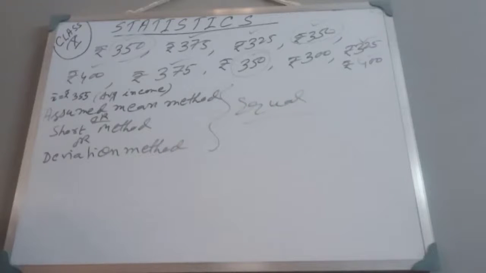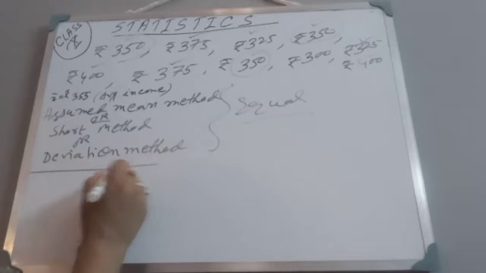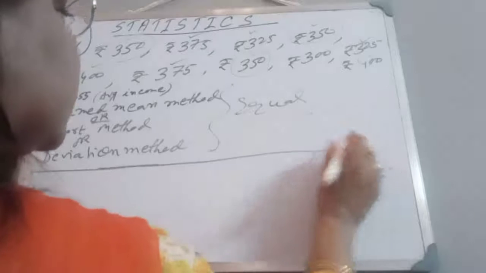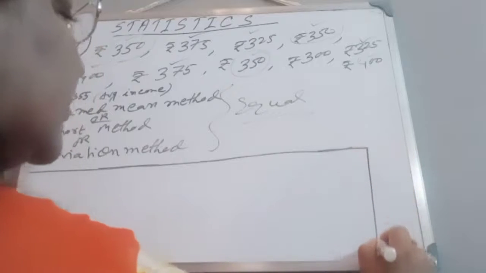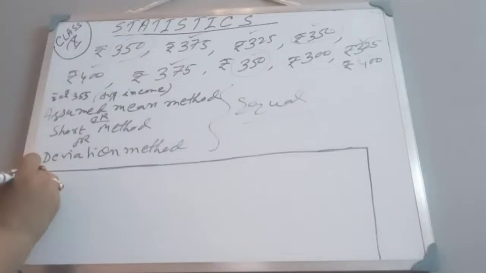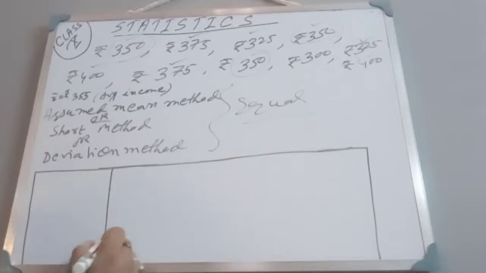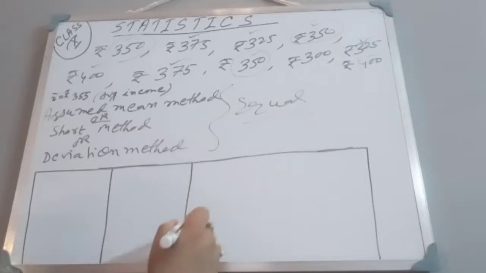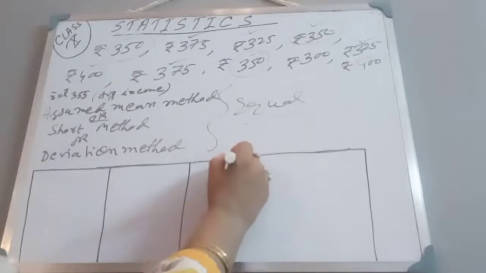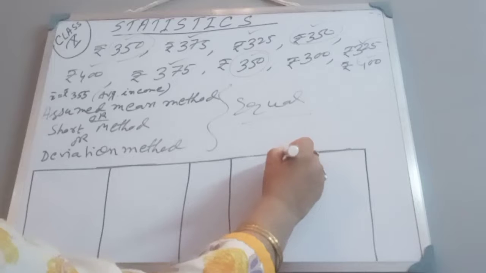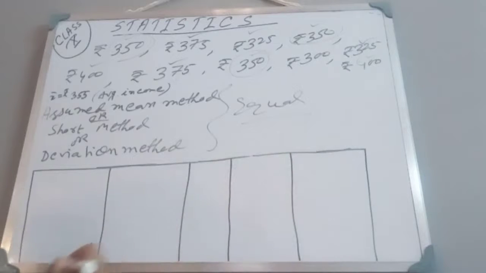Let us write the data again. I'm not going to use a scale here, but you should use a scale, pencil, everything. Let us write the class, then class mark, same as before, then frequency F, then the deviation D, then FD.